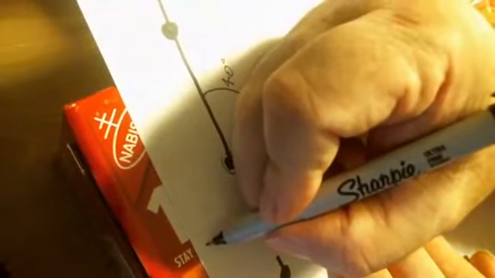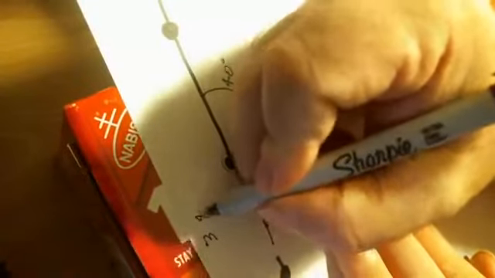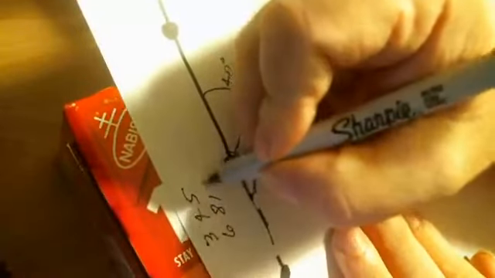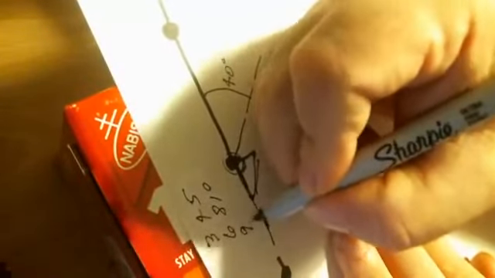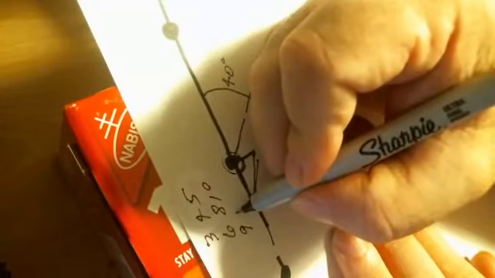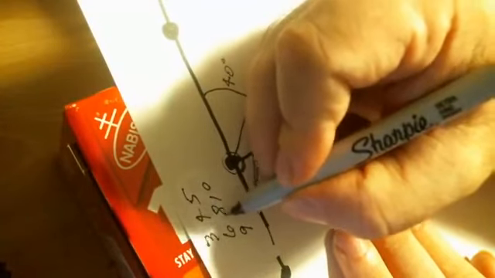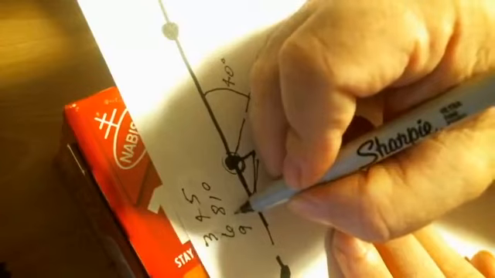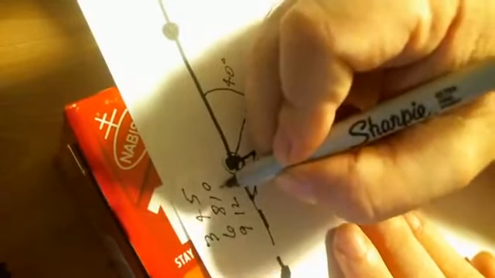You could do a 3, 4, 5, or a 6, 8, 10, or a 9, 12, 15. It has to be a multiple of 3, 4, 5. 3 times 3 is 9, 3 times 4 is 12, 3 times 5 is 15.